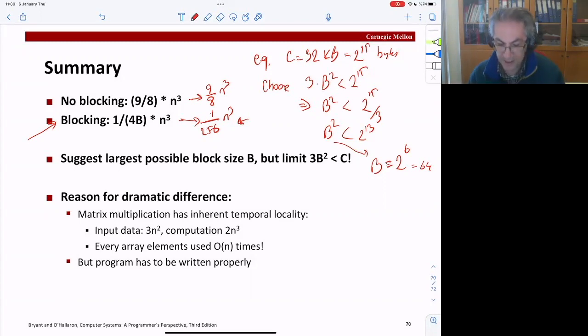We can do this because matrix multiplication has inherent temporal locality. The input data is 3 times n squared, so you have 3n squared sized items, whereas the computation is 2 times n cubed, and every element is used in order n times, but you have to write the program properly.